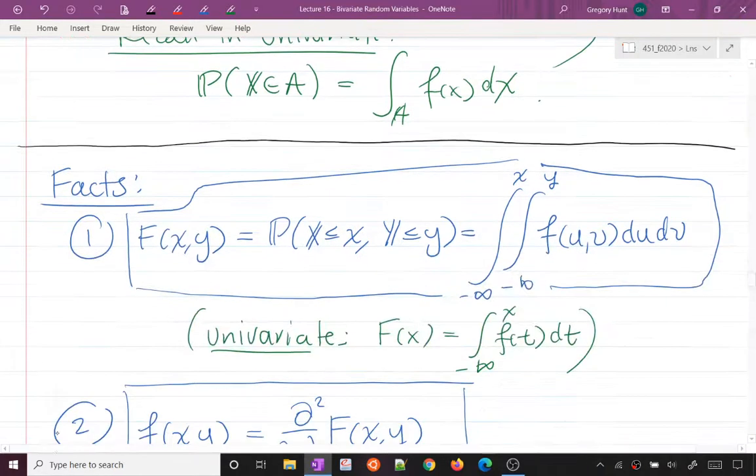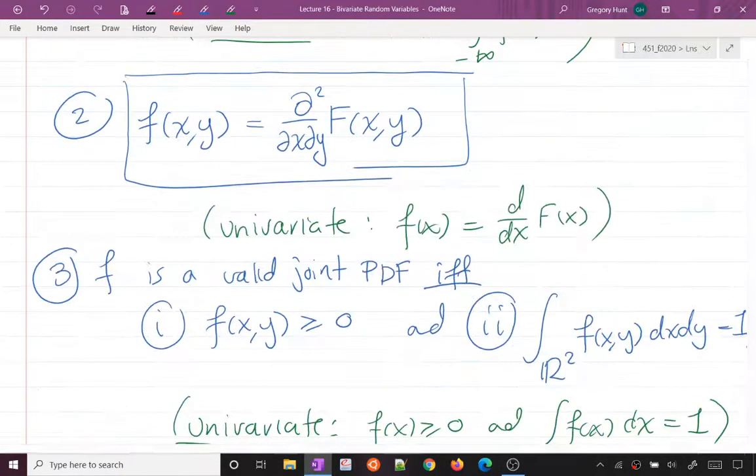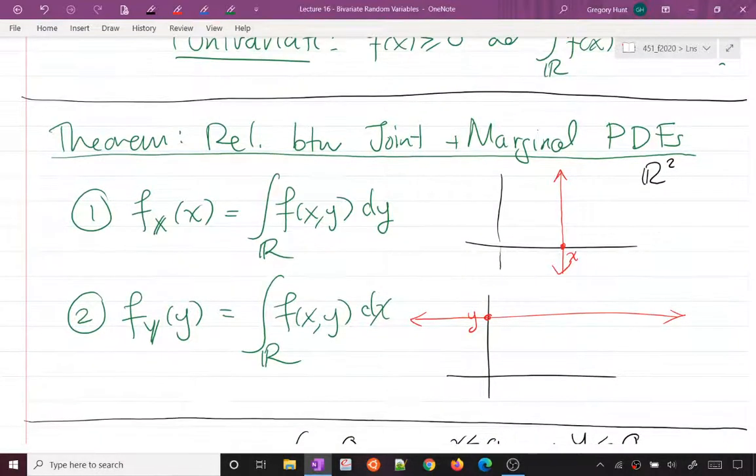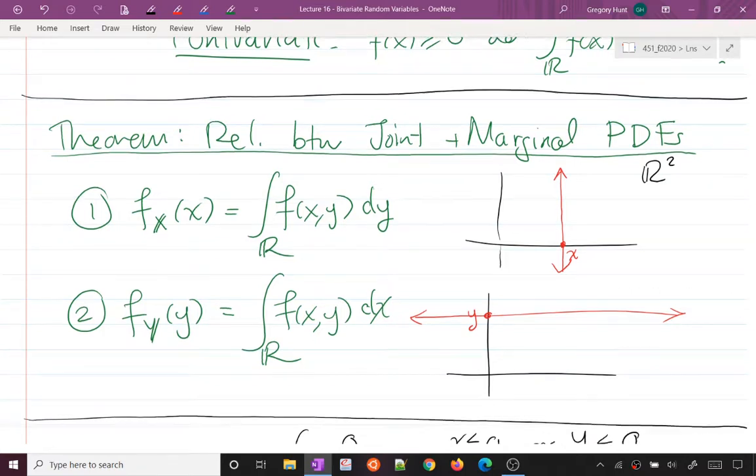And again, we had some very familiar properties, and maybe the most useful one is that if I want to get the marginal PDF of, say, x or y, I can integrate the joint PDF across the other variable to get it.